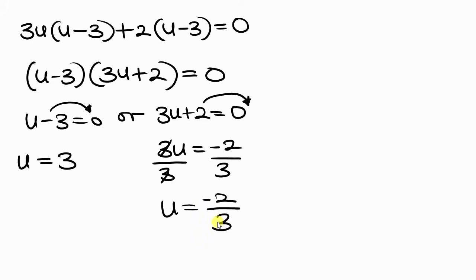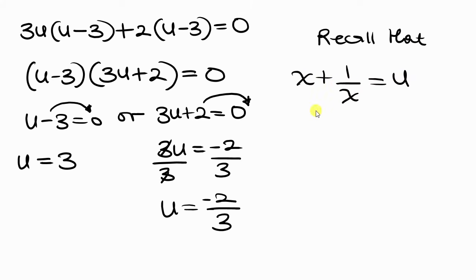Now we're going to be substituting this into our substitution. Recall that we said x plus 1 over x is equal to u. Now, when u is equal to 3, which is from this first case, this will be x plus 1 over x to be equal to 3.